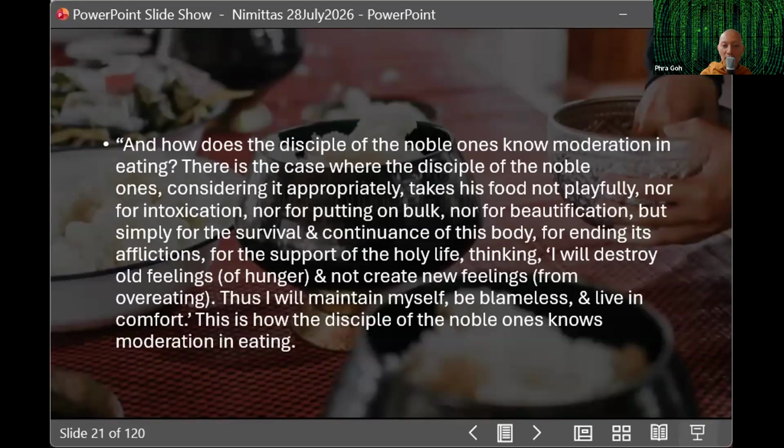Thus I will maintain myself, be blameless, and live in comfort. This is how the disciple of the Noble Ones knows moderation in eating.